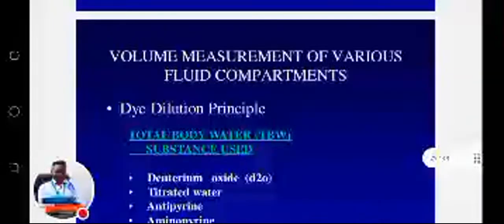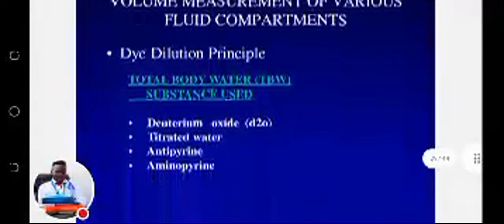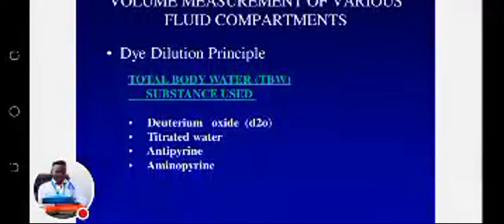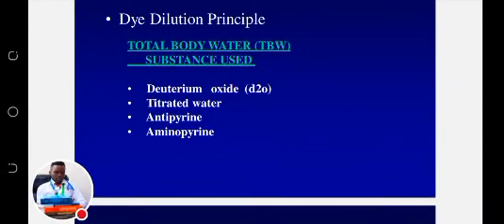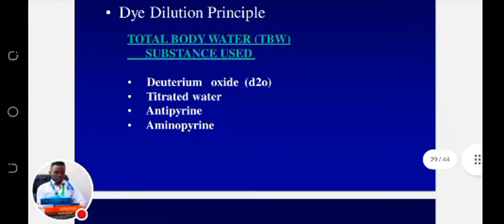For volume measurement of the various fluid compartments, we have the dilution principle. For total body water, the substance used is deuterium oxide, D2O, and we also use tritiated water, antipyrine, as well as aminopyrine.